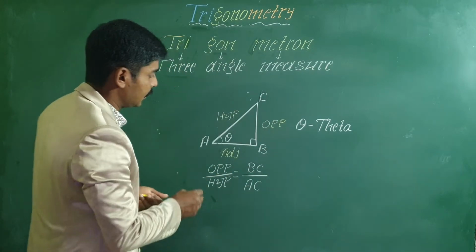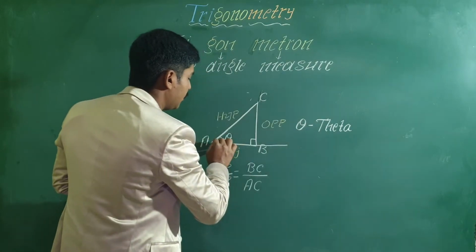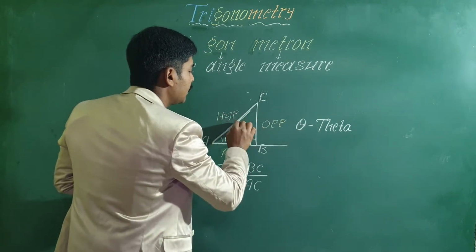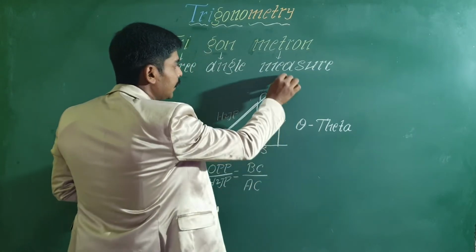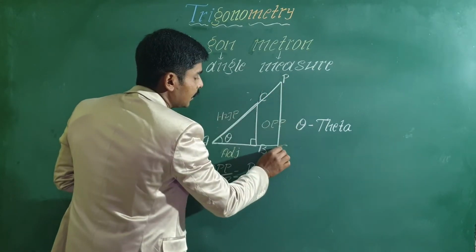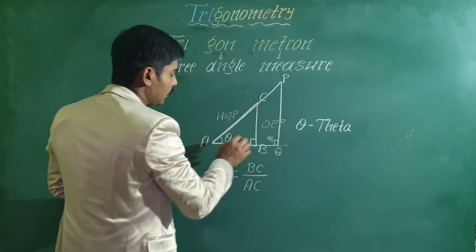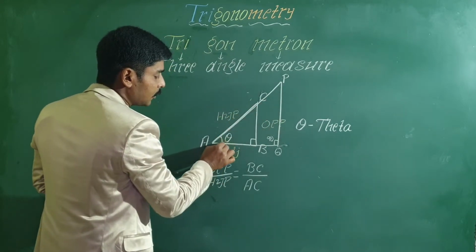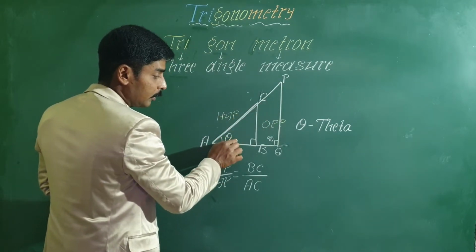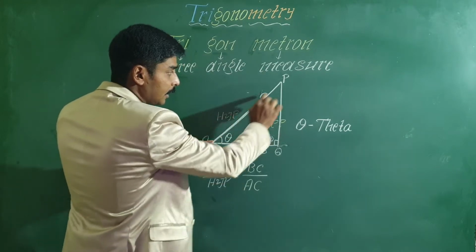You can keep a scale, measure this length, measure AC, substitute, you will get a ratio. Next, let us extend this line AB and AC to get a new right angle triangle. Let me call it APQ, right angled at Q. Now for this right angle triangle AQP, with respect to this angle theta, you must note that I have not changed this theta. Without changing this angle theta, I have just extended this line.